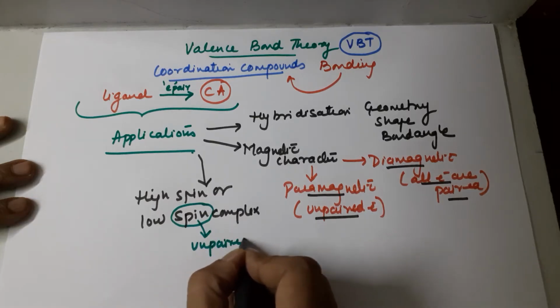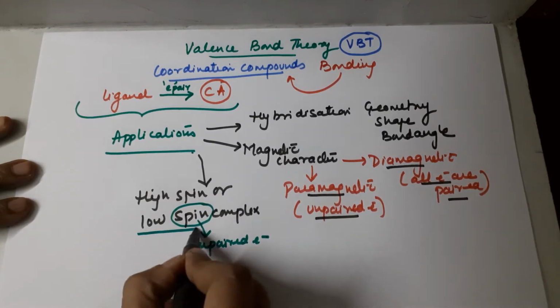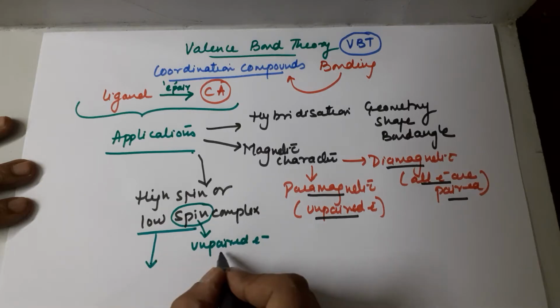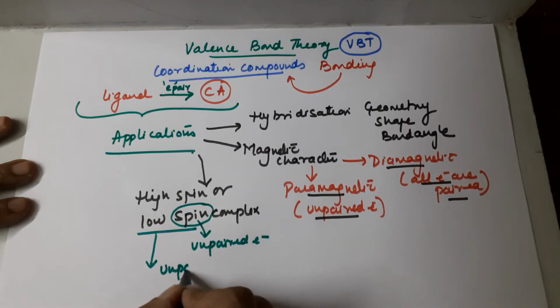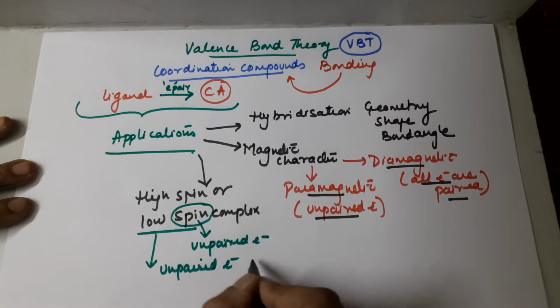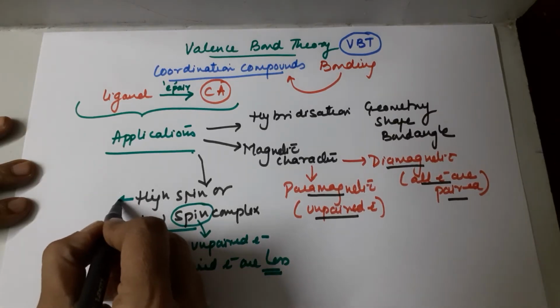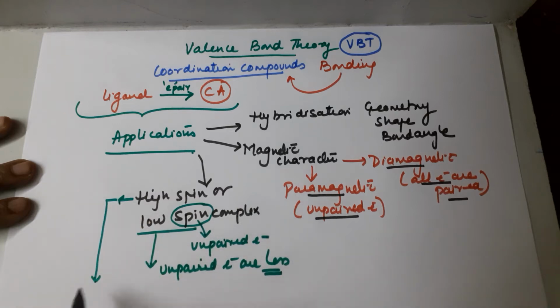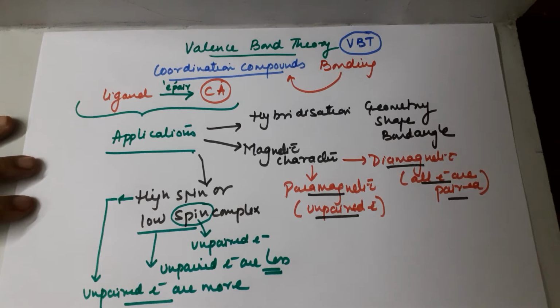If it is low spin, it means unpaired electrons are fewer. And if it is high spin, it indicates that your unpaired electrons are more. Is that fine?